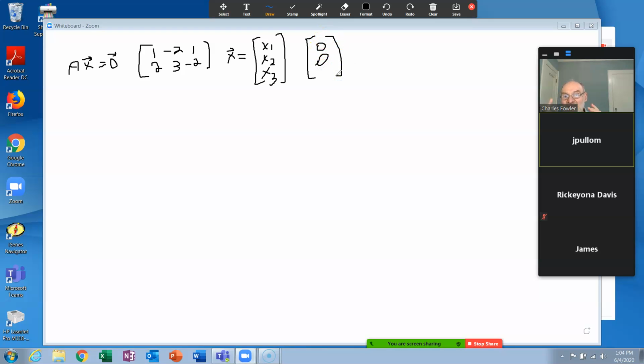And for this to make sense, this is a 2 by 3, right? 2 rows, 3 columns. This is 3 rows by 1 column. So in this product, the 3's go out, and that gives you a 2 by 1.